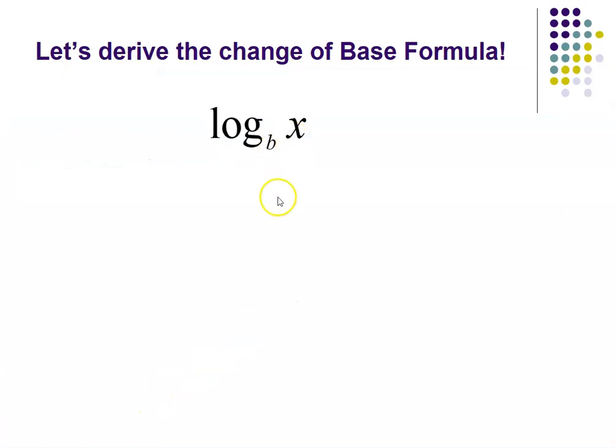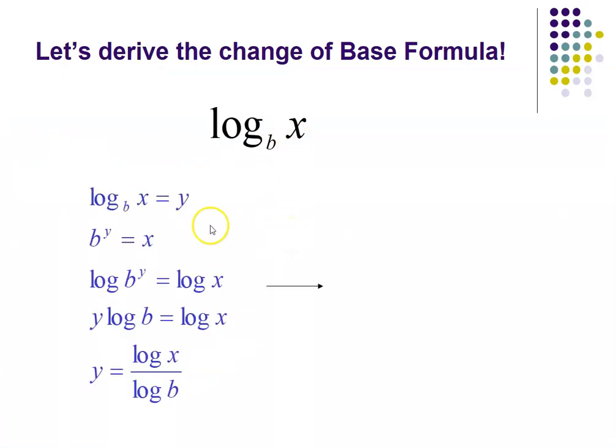Let log x base b equal y. If you convert a logarithmic function into an exponential function, you have the base, the exponent, and the value of x. Therefore, log x base b equals y, which is also b to the power of y equals x. We cannot solve problems with different bases like this.